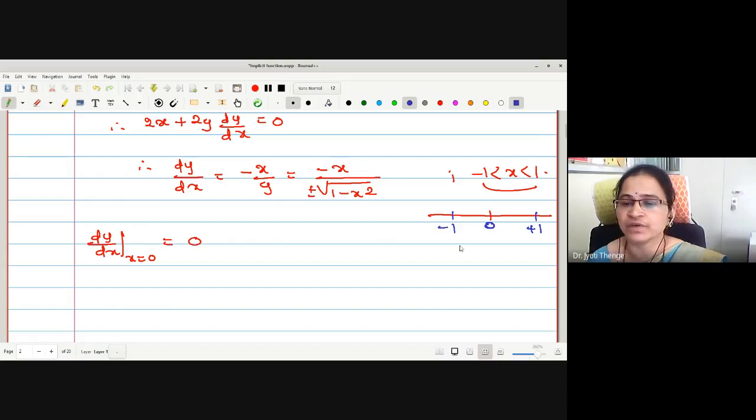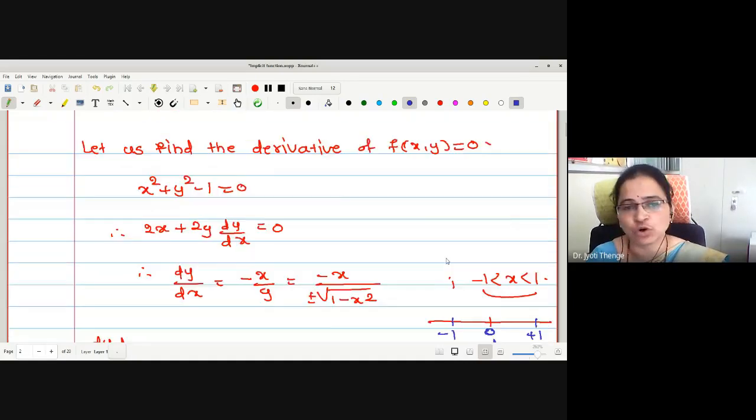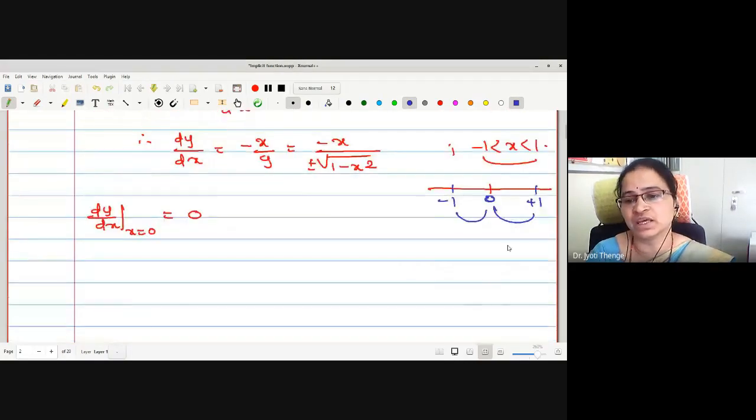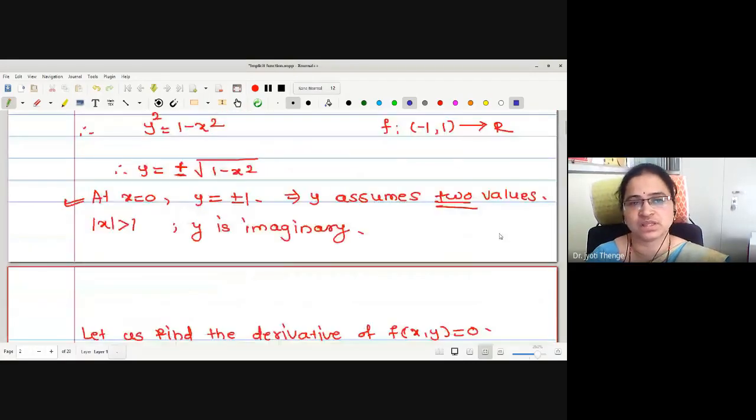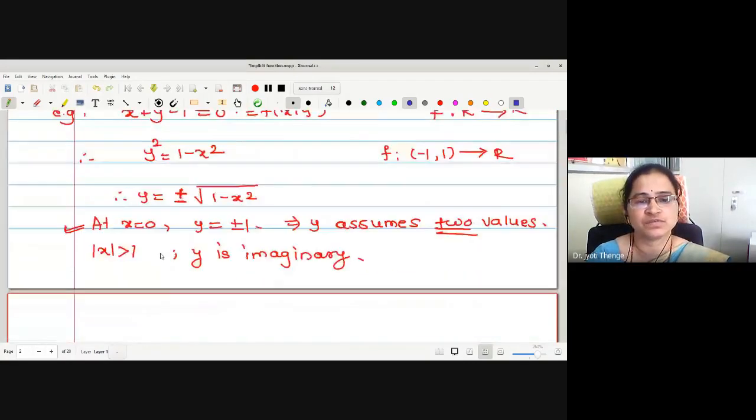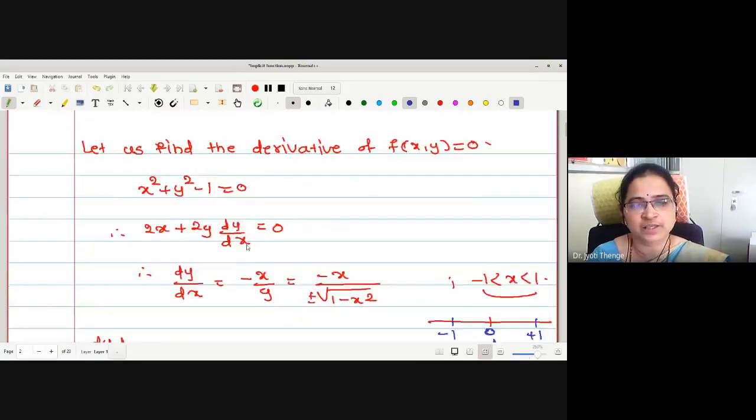Therefore, either we have to define this on an open interval minus 1 to 0 or 0 to 1. What will happen if I define this for 0 to 1? It means we were taking x to be only positive values, and then x to be negative values. Therefore, restricting y to take either positive values or negative values, one can say that this can be written in an explicit form.